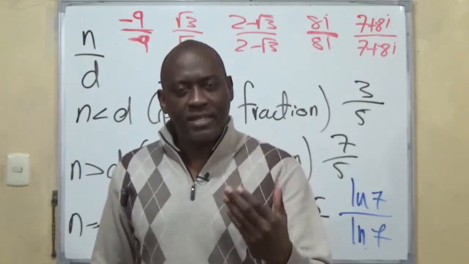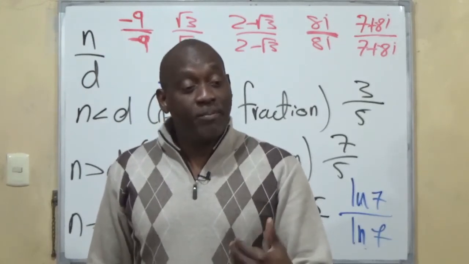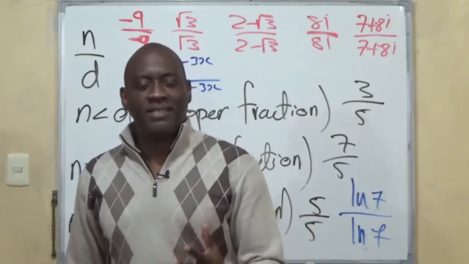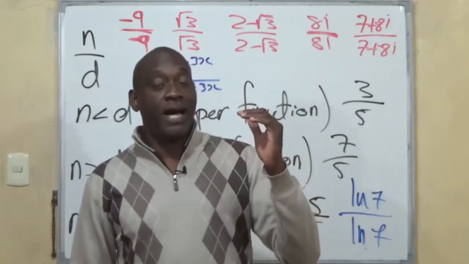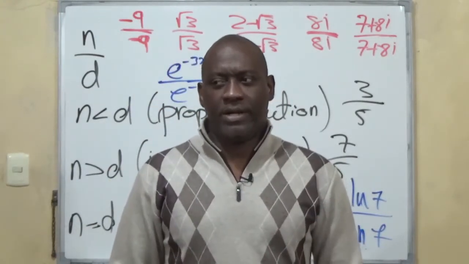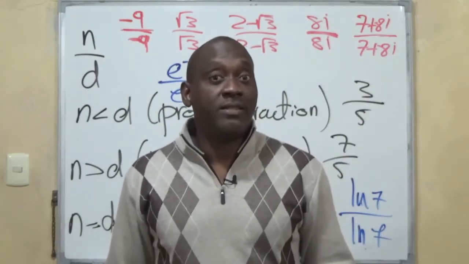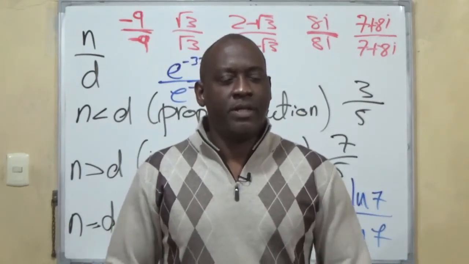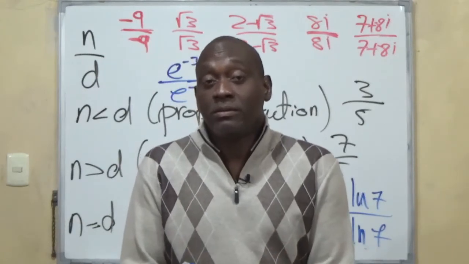And if you're expressing the number 1 as a fraction, then the only possible manifestation of that would be a situation where the numerator and the denominator are the same, are equal, right? And that is why it is referred to as a whole fraction, because when the numerator and the denominator are the same, the final value of the fraction is equal to 1.